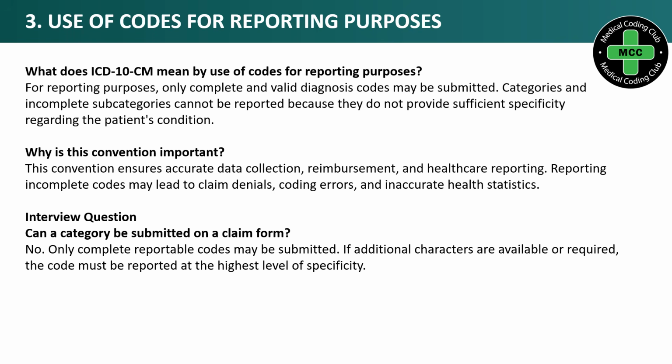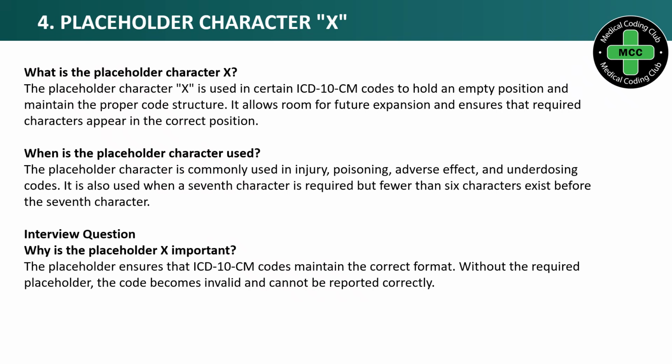Okay. So next, the placeholder character X. Please be aware of this character X. The X is used to maintain the proper code structure and to ensure the required characters appear in the correct position. Okay, it is commonly seen in injury or poisoning codes and the codes which require a 7th character. In the middle, if we do not have any character, they generally use the placeholder X. It acts like room for future expansion.